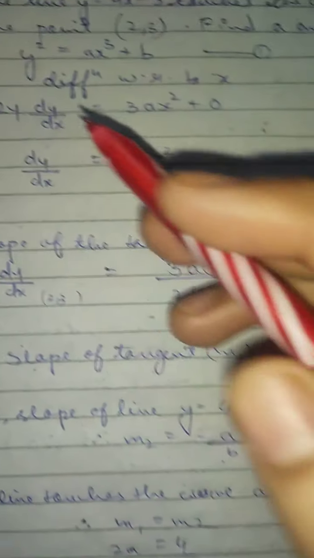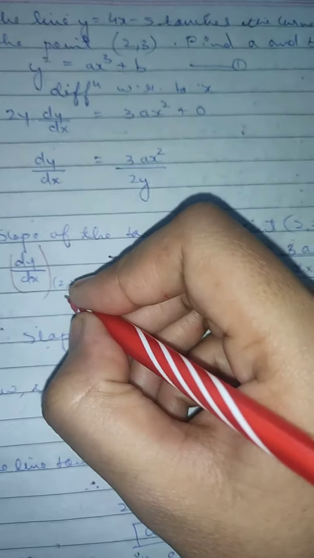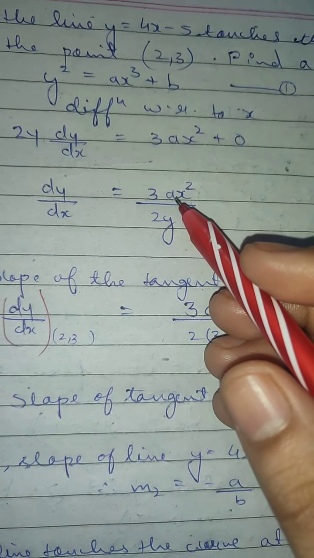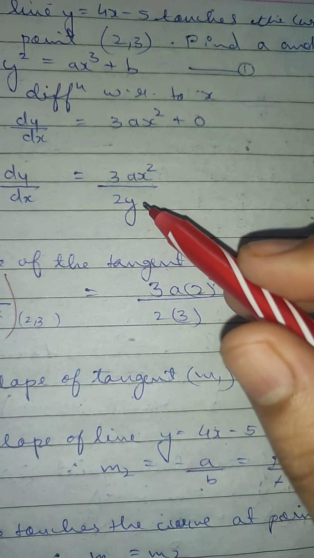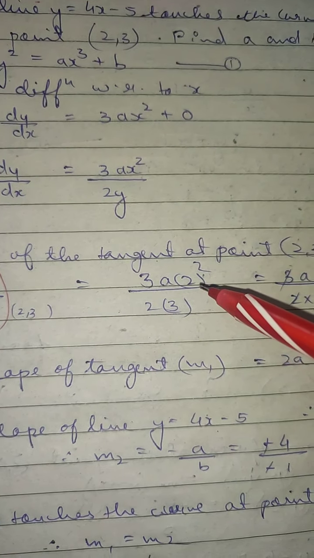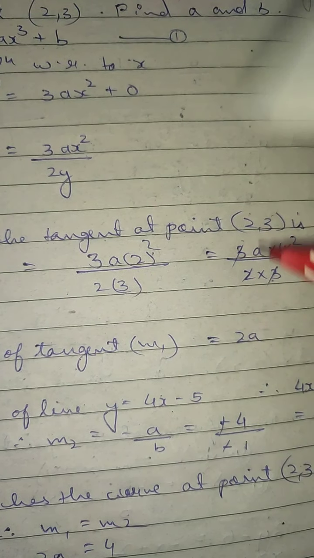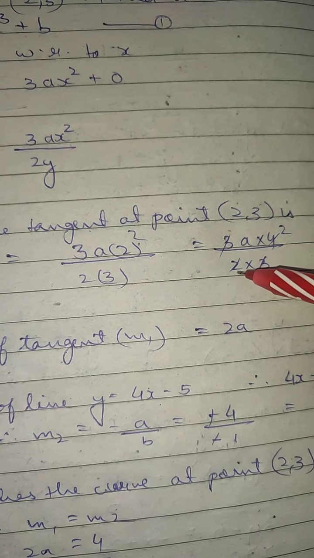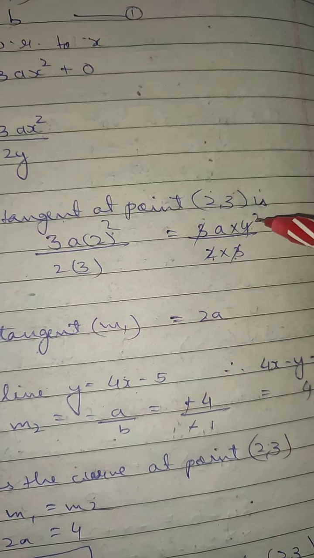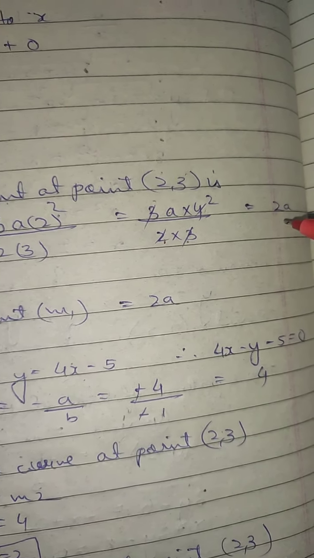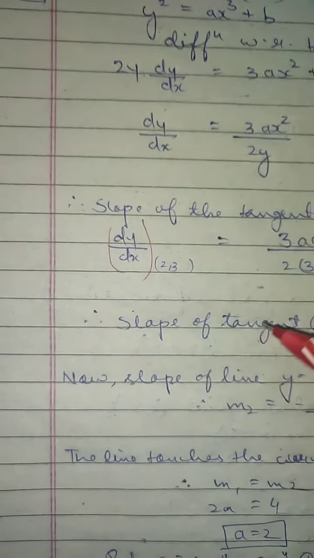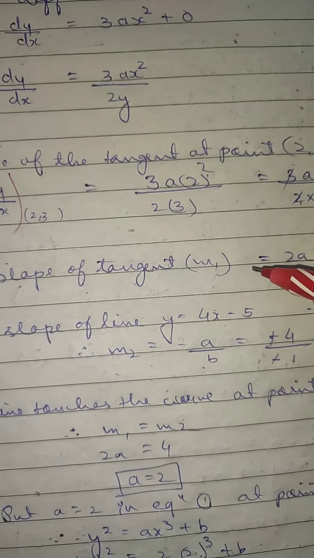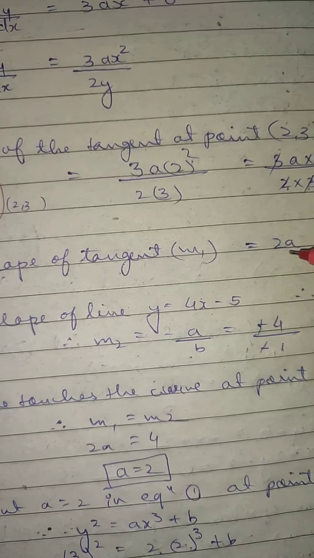So dy by dx at (2, 3) is 3 into a into 2 squared, divided by 2 into 3 squared. 2 squared is 4, the 3s cancel, and 2 fours are 8 over 2, so 2a comes. This is our slope of tangent, denoted by m1.